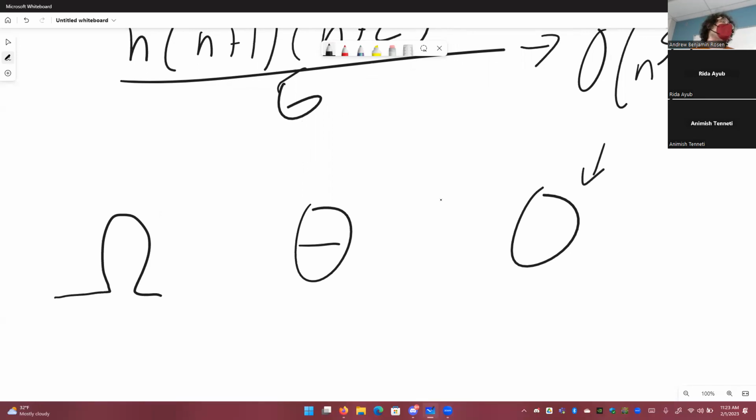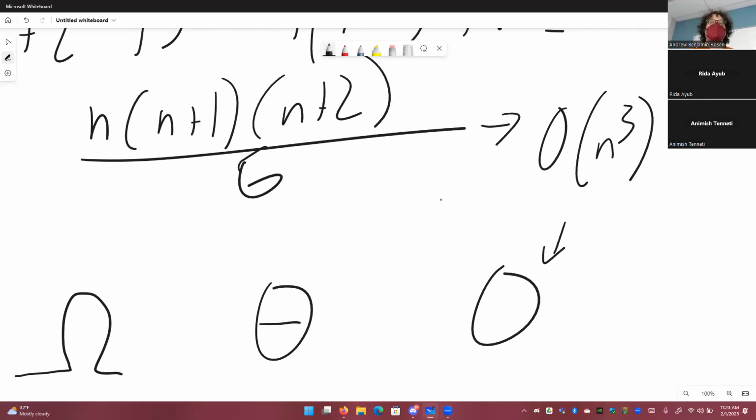Big O means it's never going to be worse than this. So this equation is bounded by n cubed.